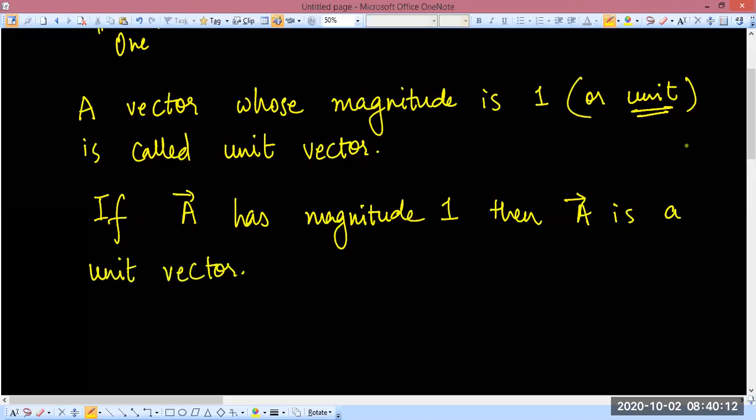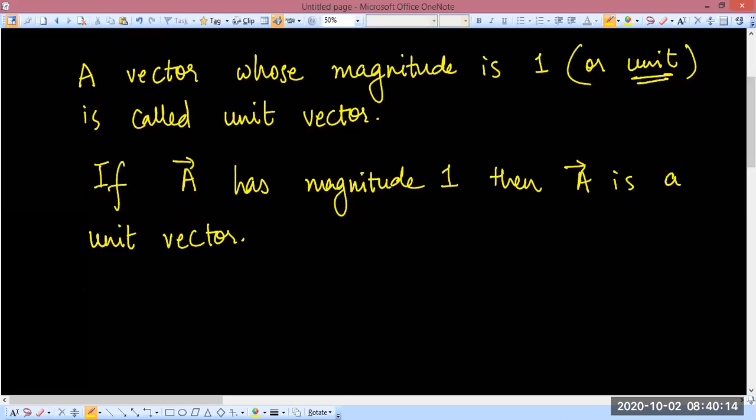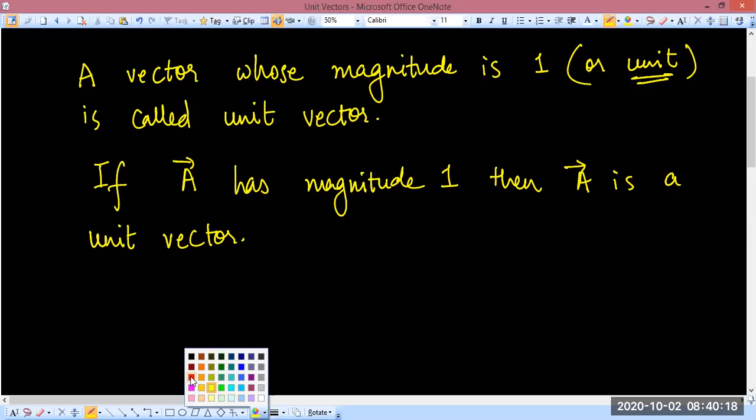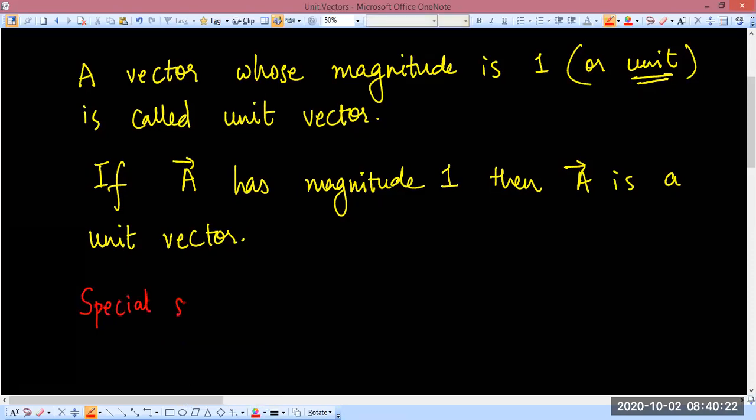They have a special symbol. Unit vectors have a special symbol, everyone. So what's that special symbol for unit vector? It will definitely be a hat or a cap.